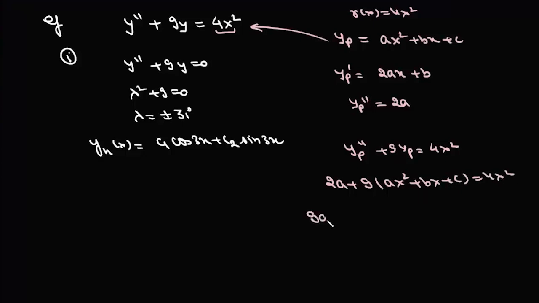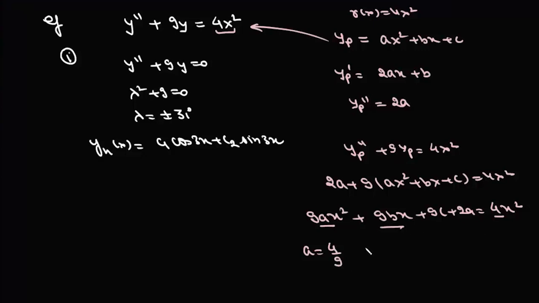So we can write 9ax square plus 9bx plus 9c plus 2a, and it is equal to 4x square. Now it's an identity in x, so we compare the coefficients. We can write 9a equals 4, or a is 4 by 9.